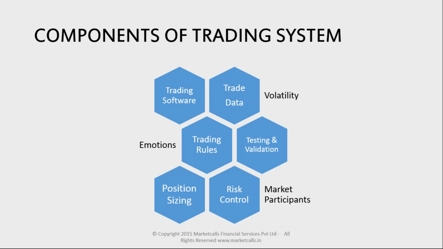Some softwares come integrated with the data, like Spider or Falcon. You don't need to buy software and data separately; it's pre-packed, and both come in one combo package. Whereas softwares like AmiBroker, NinjaTrader, or MultiCharts have two components: one is the trading software and the other is the trade data, so we have to integrate both.